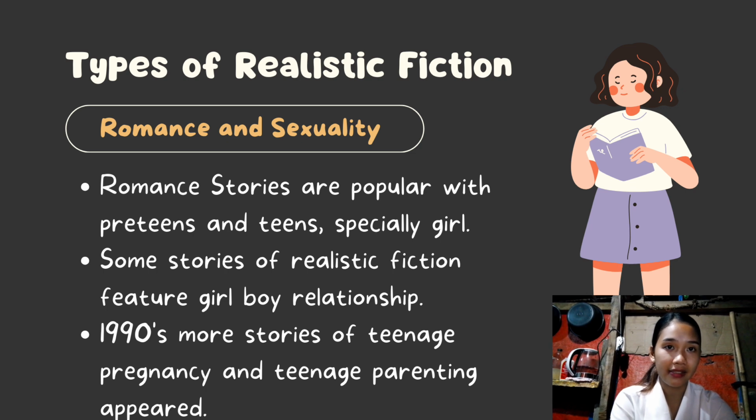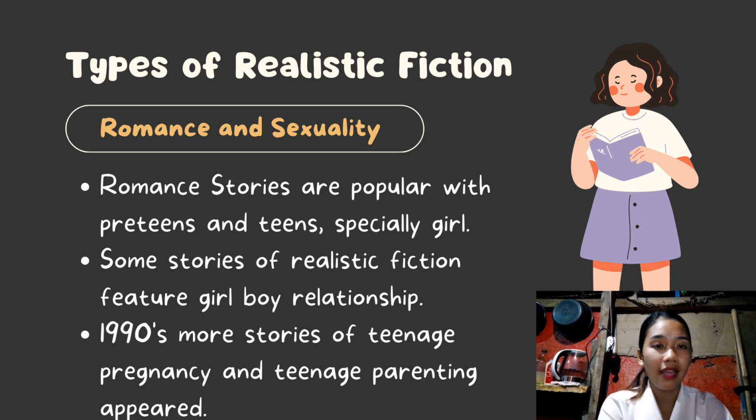And then, some stories of realistic fiction feature girl-boy relationships. So, girl-boy relationships in realistic fiction: these narratives depict authentic dynamics, focusing on communication, friendship, and the complexities of young love. And as we all know, in the 1990s, more stories of teenage pregnancy and teenage parenting appeared.